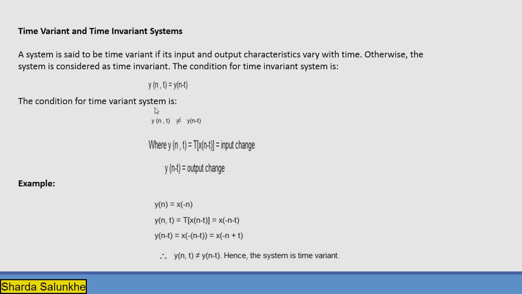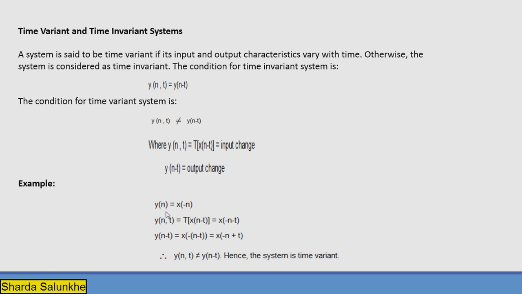The condition for the time variant system is y of n comma t is not equal to y of n minus t, where y of n comma t is equal to the transformation of x of n minus t, that is the input change, and y of n minus t is nothing but the output change.